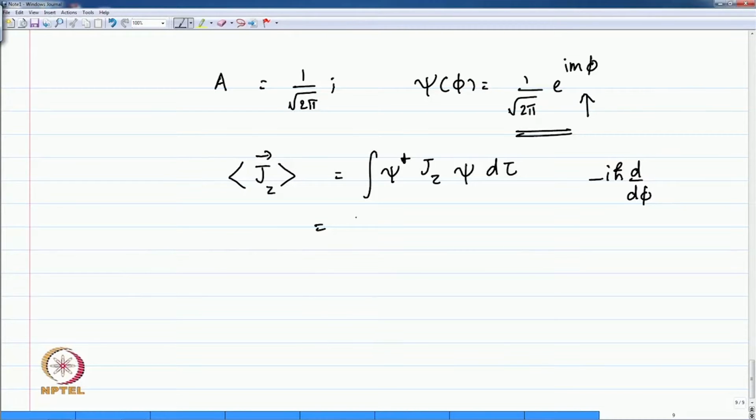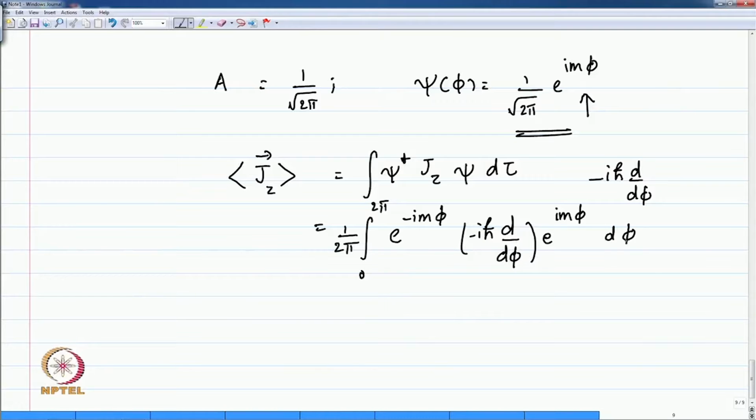Therefore, if you calculate that, it is the integral between 0 to 2 pi of 1 by 2 pi, because you have psi star psi, which is the square of 1 by root 2 pi, and then you have e to the minus i m phi, times minus i h bar d by d phi of e to the i m phi, d phi. I do not need the denominator because the wave function is already normalized.